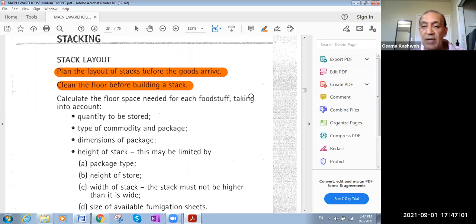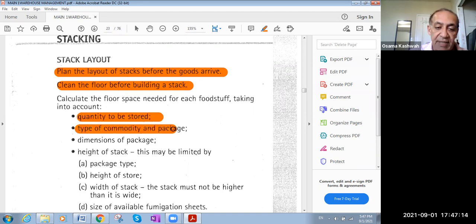If you are warehousing and storing goods like foodstuff, take into account the quantity to be stored, the type of package you will need, the dimensions of the package, the height of the stack, how high it is, and the height of the store.